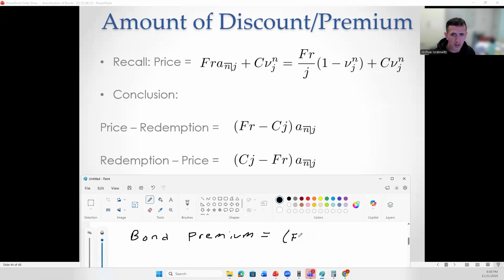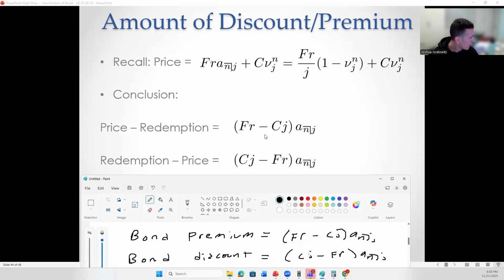This is really what I meant, FR minus CJ, A and J. If the bond is bought at a discount, then this here is the bond discount: CJ minus FR, A and J.